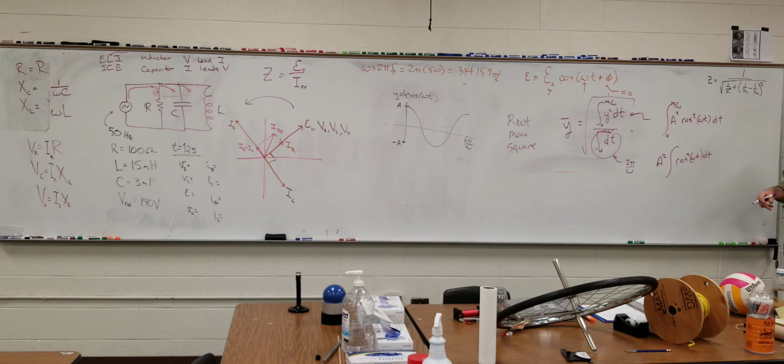Let's just do a little substitution here. Let's let x equal omega t. And so dx is equal to omega dt. And so this becomes a squared over omega times the integral of cosine squared x dx.